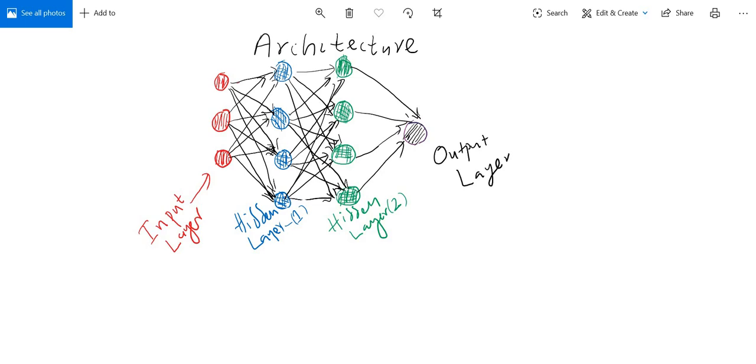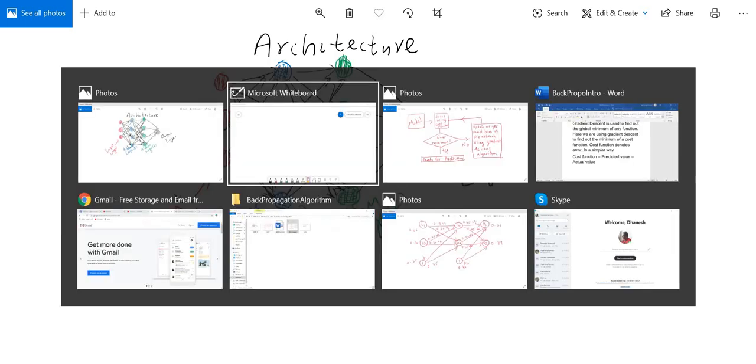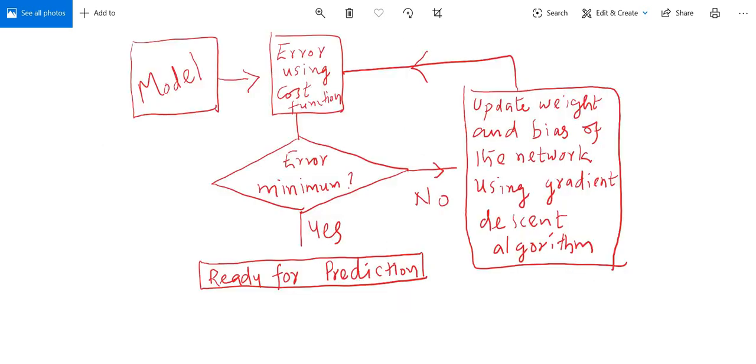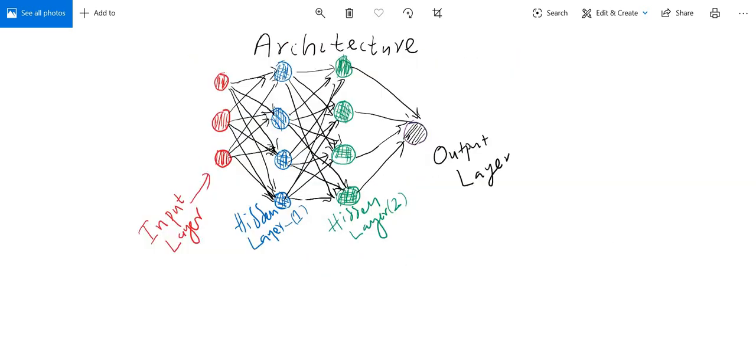So in the neural network, one important term that comes into the picture is the activation function. Here the circle represents the node. Each node's state is denoted by the activation function.